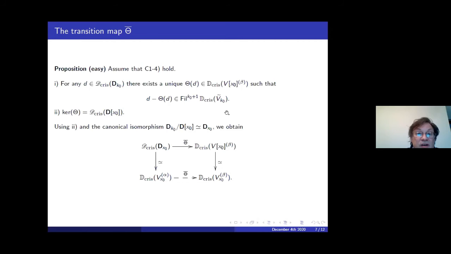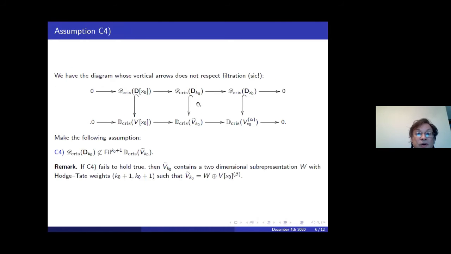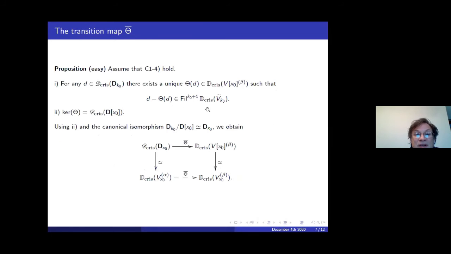This property follows just from the preceding diagram. If we have an element D here, which maps here, and if the condition C4 holds, we can always find an element here such that the difference will be in this filtration term.